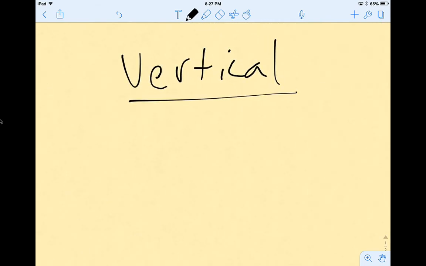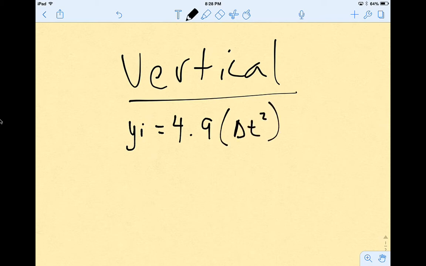Vertical, all right. Here's what we're going to use: yi equals 4.9 times delta t squared. Now, I know that before we used this part here, we used minus vi delta t. Well, we know that vi is always 0, and so since vi is always 0, let's just erase this.